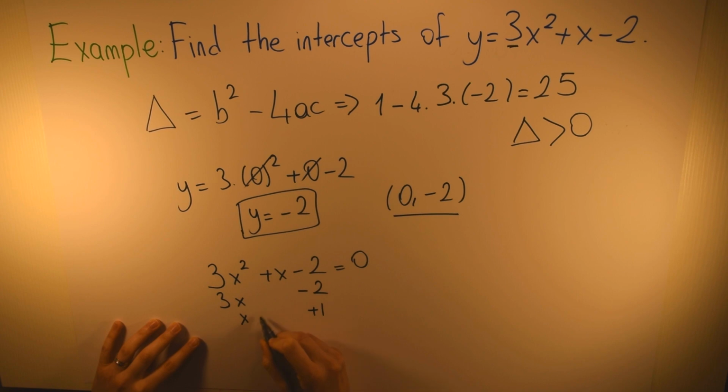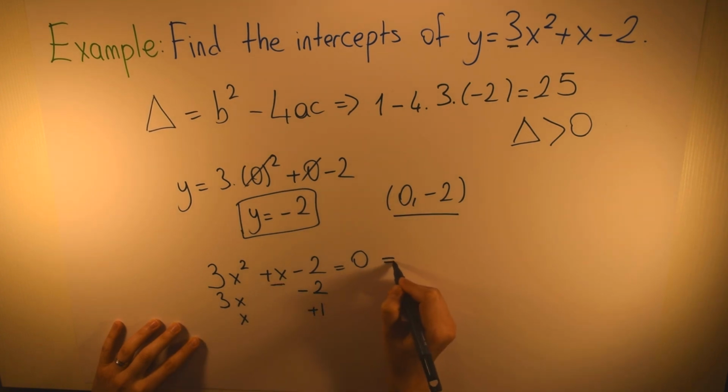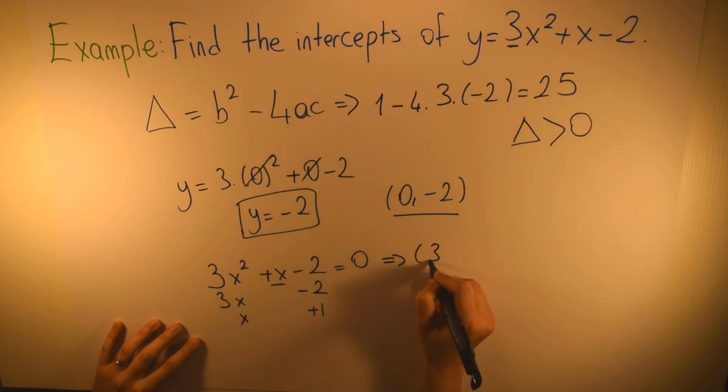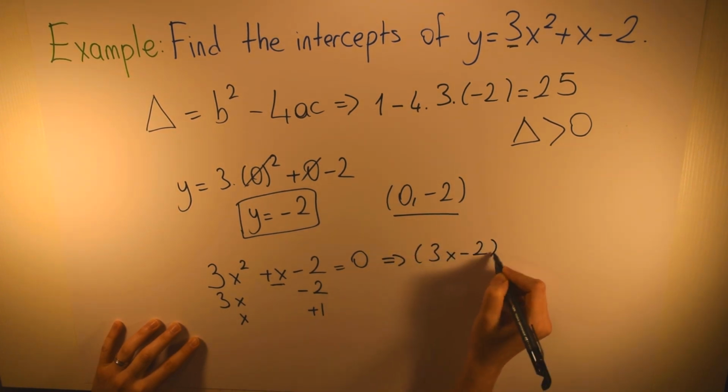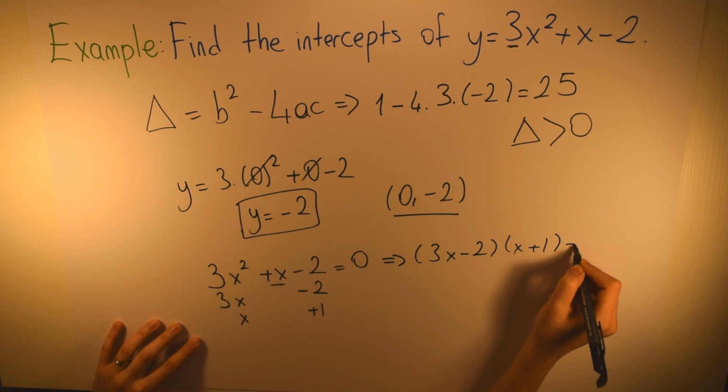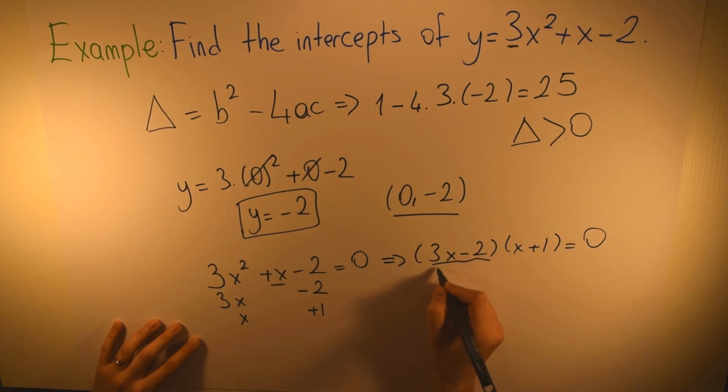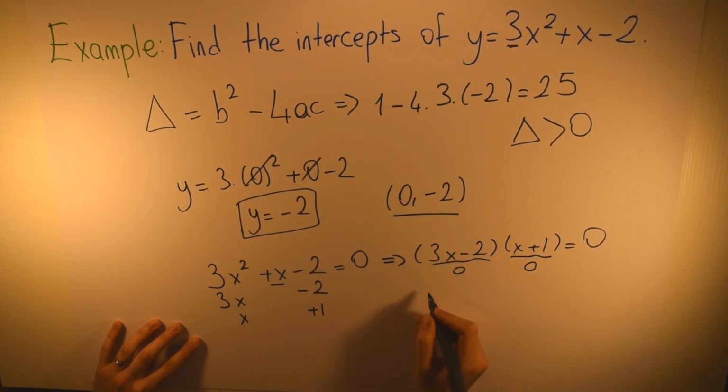It's 3x minus 2x, which gives us plus x. This is true. So it is (3x minus 2)(x plus 1), which is equal to 0. So we will make them equal to 0. 3x minus 2 is equal to 0, 3x is equal to 2, and x is equal to 2 over 3.